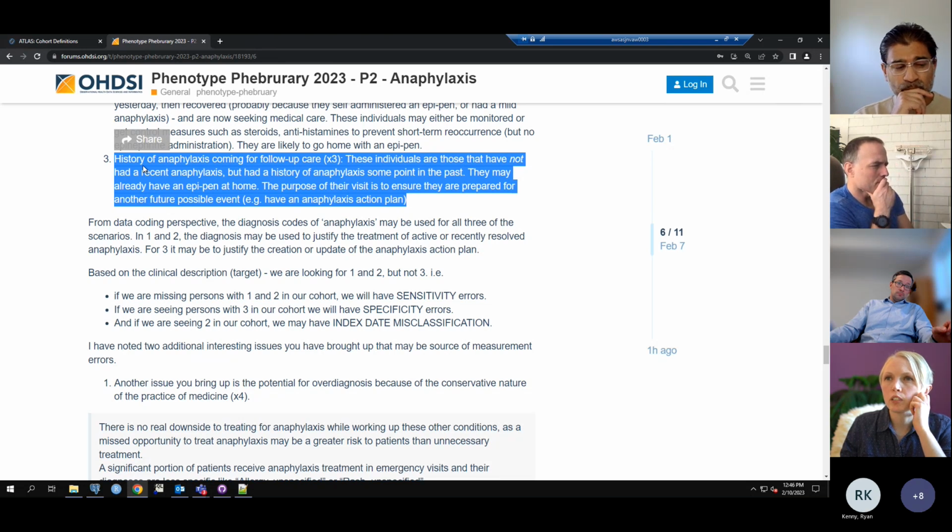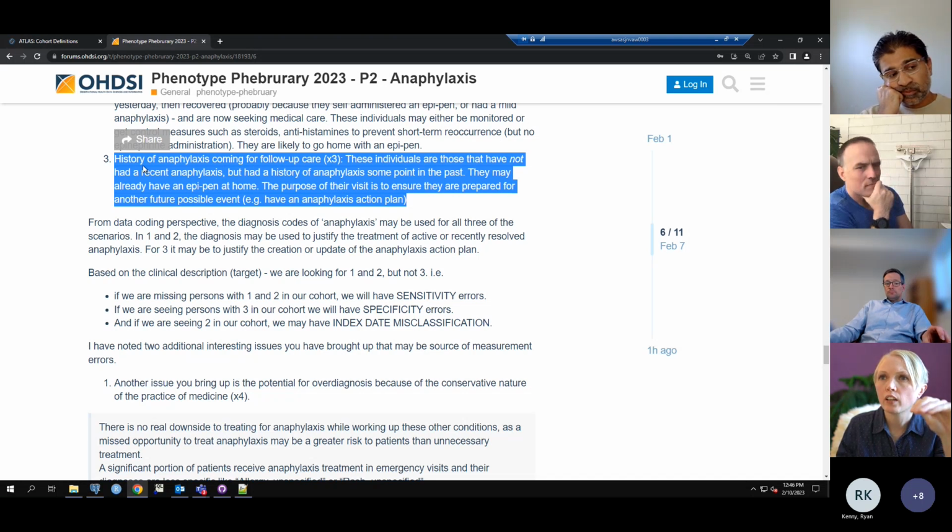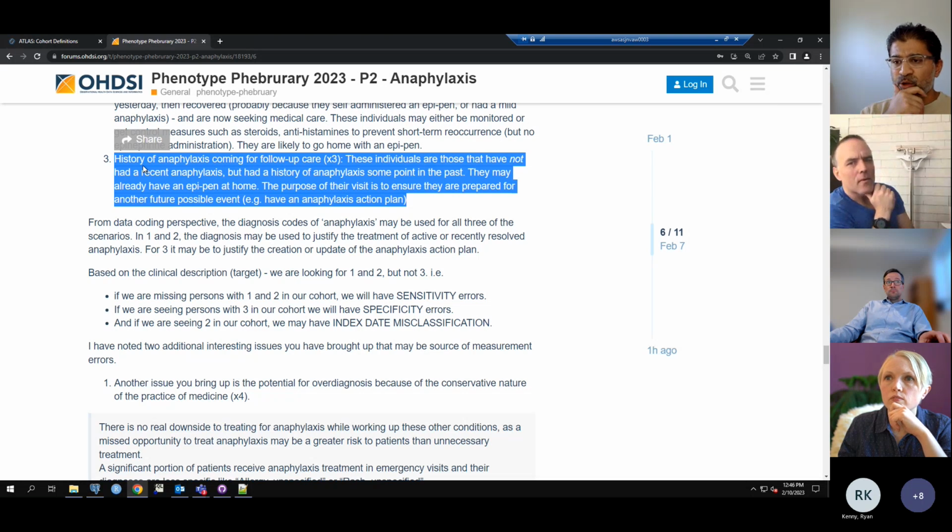Yeah, potentially one other thing would be that this particular definition is not requiring any evidence of acute care. Yes, there is no evidence of acute care. There is no inpatient care. There's no ER. There is no diagnosis.